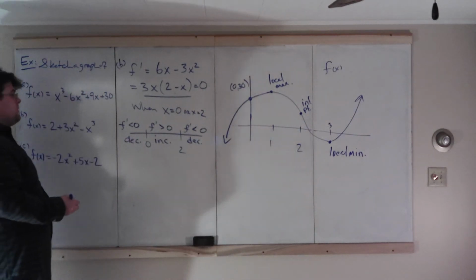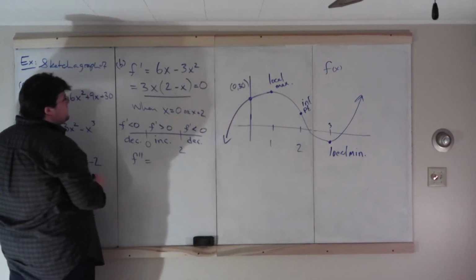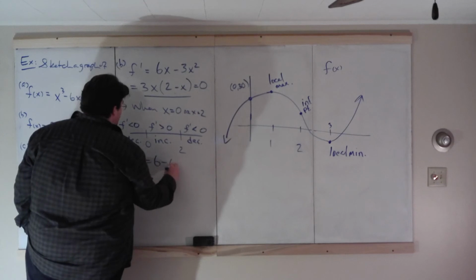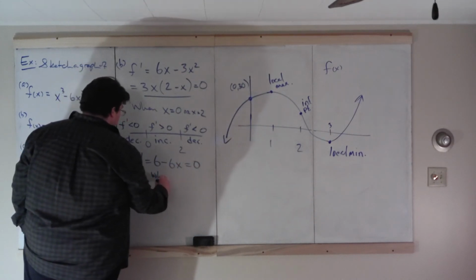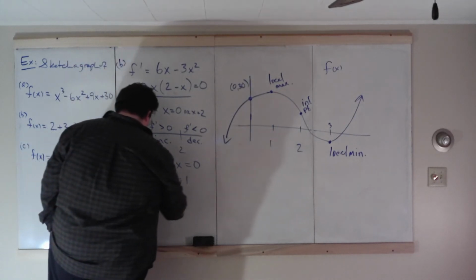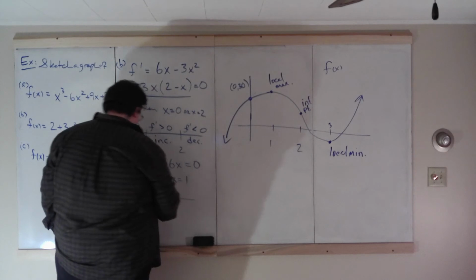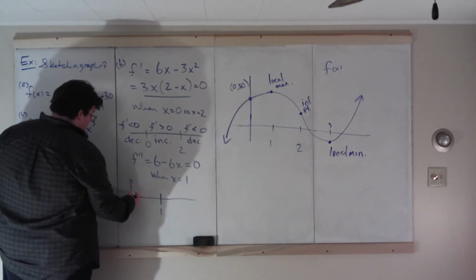And now we do the same thing with the second derivative to determine the intervals of concavity. Here, the second derivative is what? 6 minus 6x. When is that 0? That's 0 when x equals 1. We'll mark off 1, and we'll split our interval at 1.